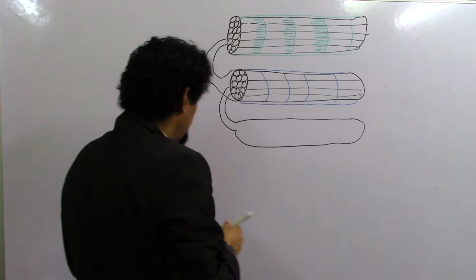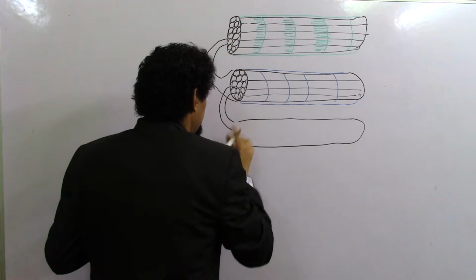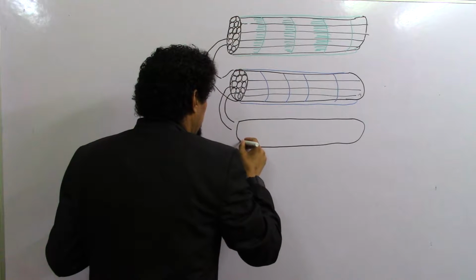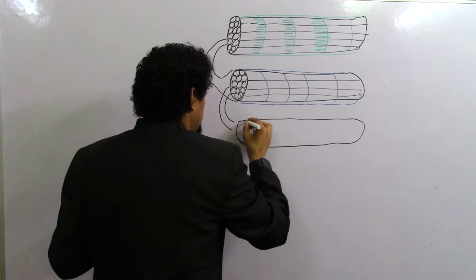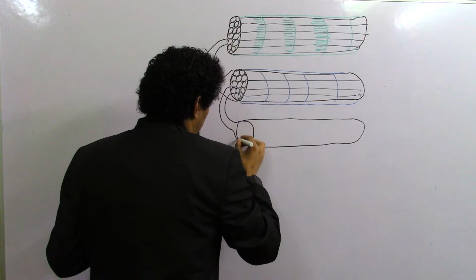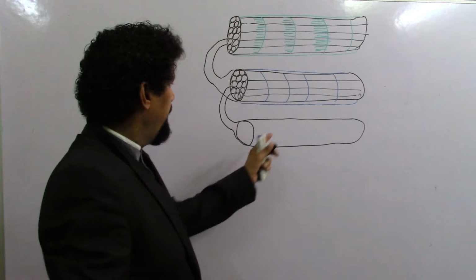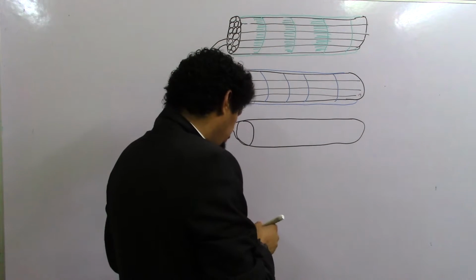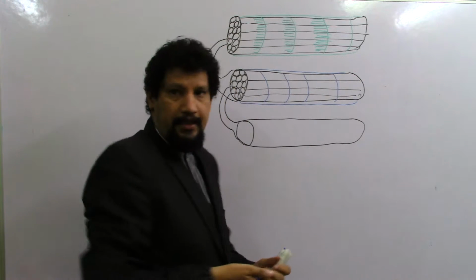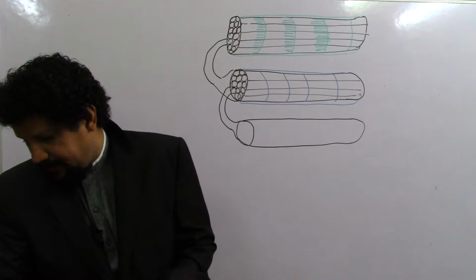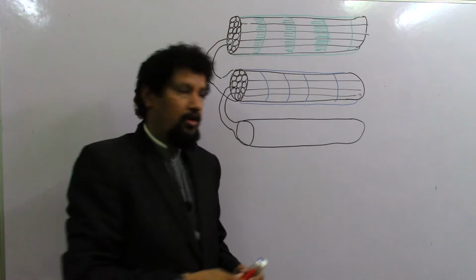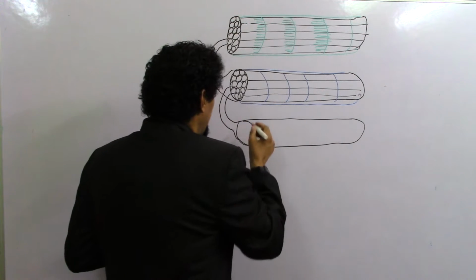This is the myofiber or muscle cell, and it is covered by a thin, delicate sheath of connective tissue known as the endomysium.